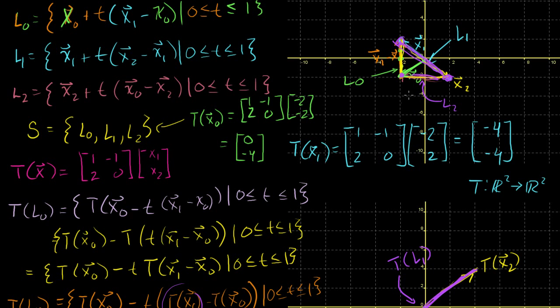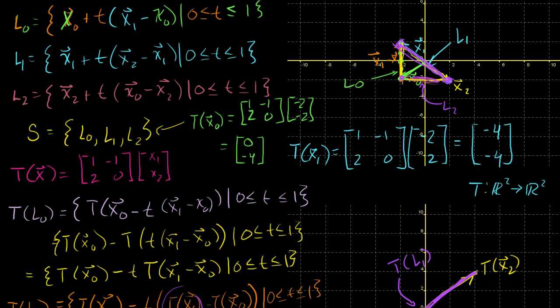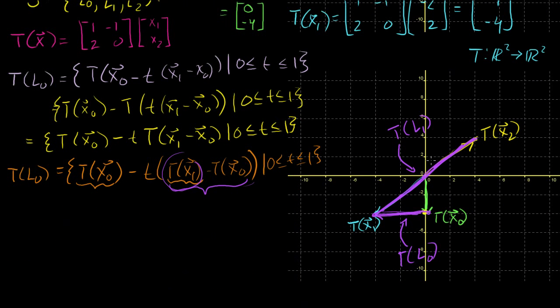So the transformation of it, using the same math that we've done before, is really just the line connecting the transformations of those 2 points. So the transformation of L2 is going to be equal to the line that connects the transformation of x2 to the transformation of x naught. So it's going to be that line right there. So this is the transformation of L2.